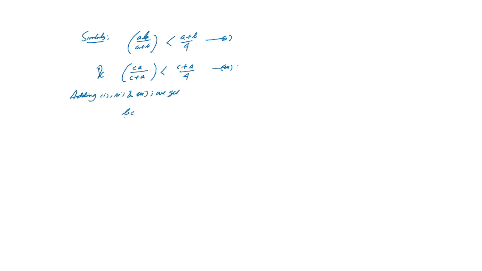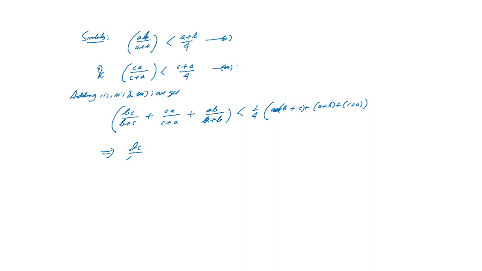We get BC by B plus C, then CA by C plus A, plus AB by A plus B. This value is less than 1 by 4 times A plus B, B plus C, plus C plus A. So that means BC by B plus C plus CA by C plus A plus AB by A plus B is less than A plus B plus C by 2.